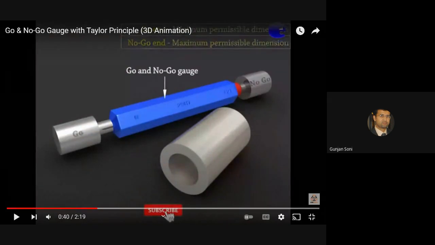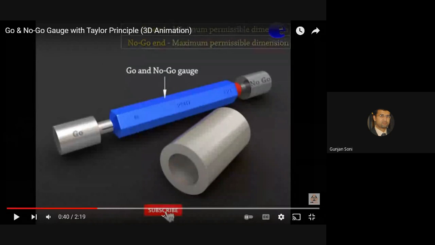Okay, so let me repeat that again. Now imagine we have to check. I produced a shaft. Now I want to check whether the shaft which I have produced is within the upper and the lower limit or not. So to check that, I devise a go and no go gauge.